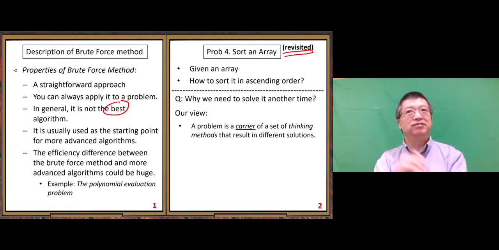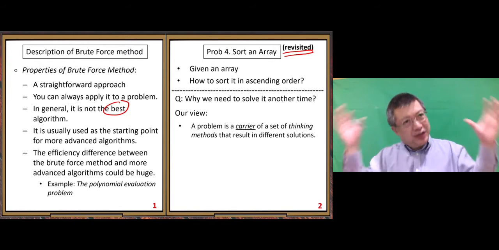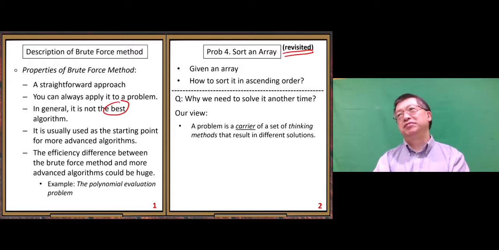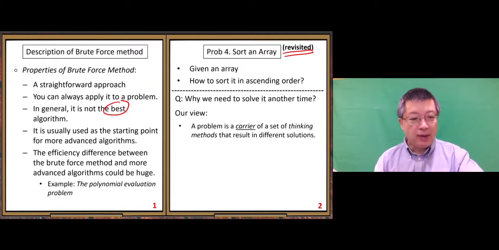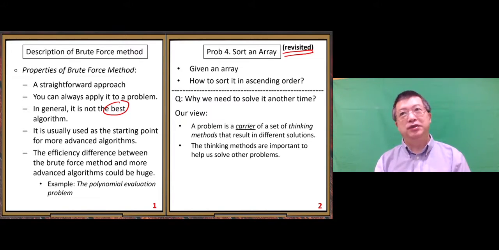That's our view. So we like this problem because it carries 5, 6, 7 different thinking methods. The thinking methods are important to help us solve other problems. So that's the value.